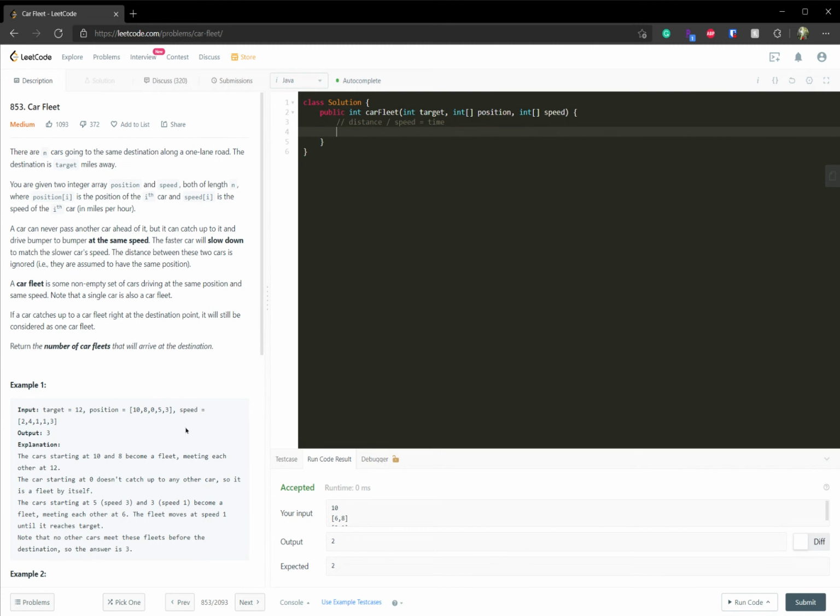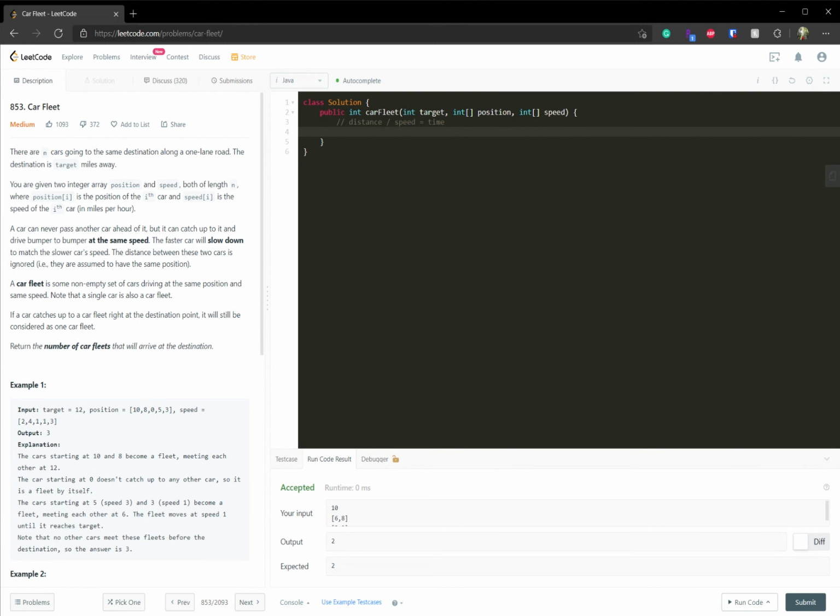If we encounter a car that is slower than the current slowest car, we know that car will form a fleet on its own, because all the cars before it form a fleet, and we can update the slowest car time again. If we see another slower car after this, that means we have found a fleet again. And that's how we can compute the solution.